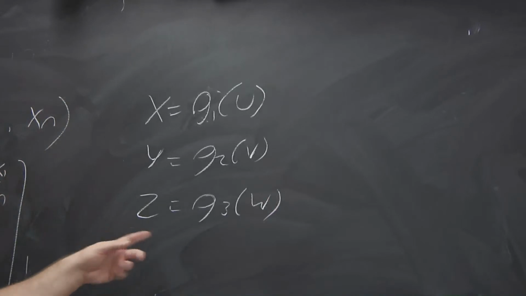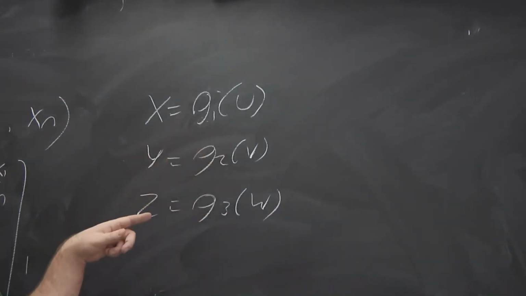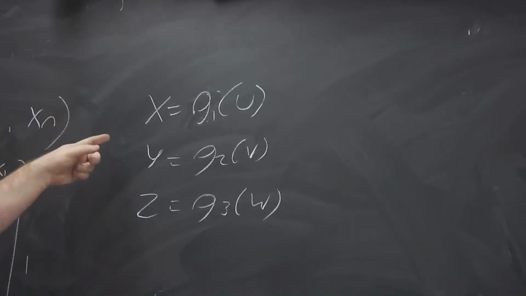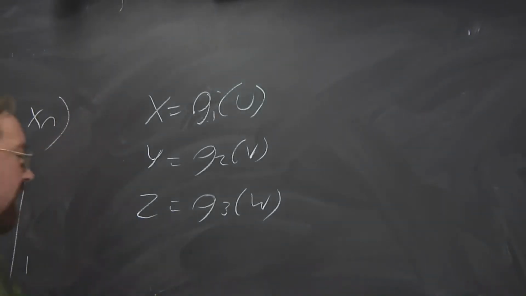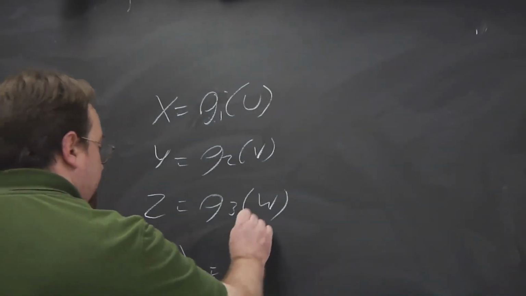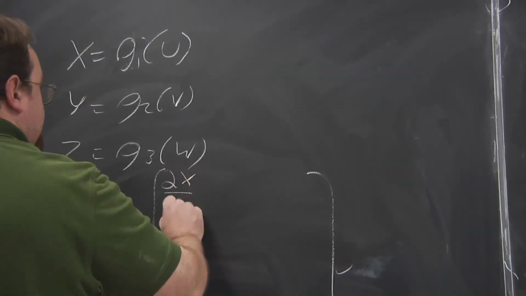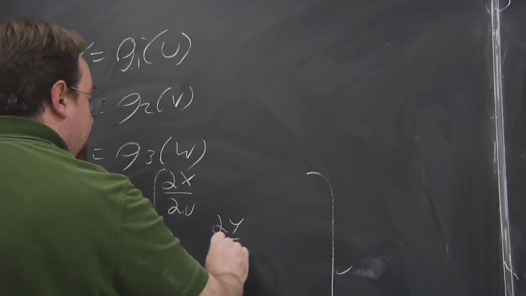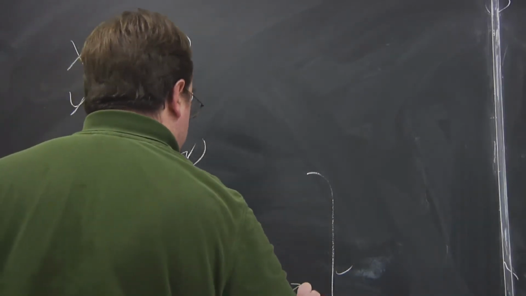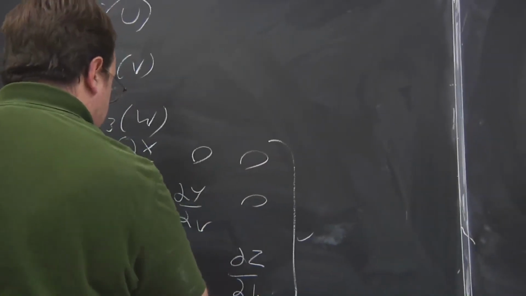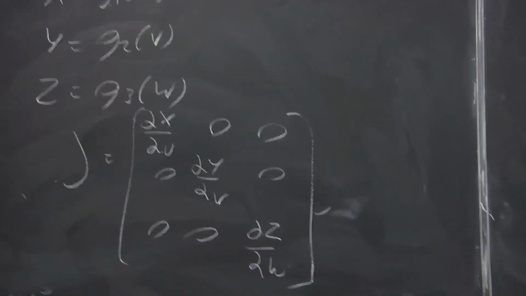So we're changing 3 variables to 3 variables, but each of the original variables only depends on one of the new ones. So in your Jacobian matrix, it's going to be dx du, dy dv, dz dw, and everything else is 0.